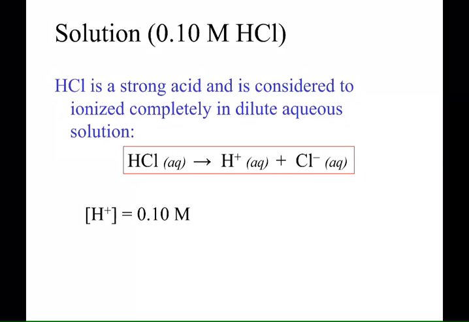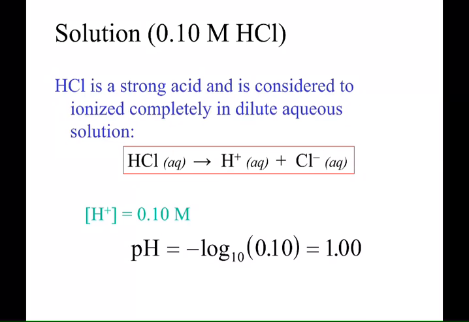Now we're going to grab our calculator. If you take log of 0.10 times -1, what do you get? You get 1, right? Here's where I've been a stickler about rounding, and I'm still a stickler.